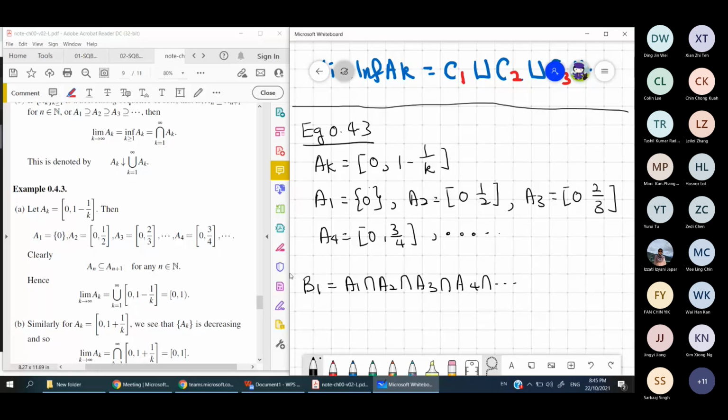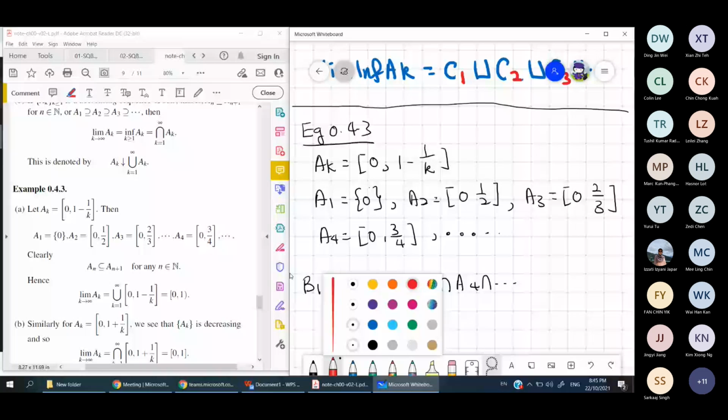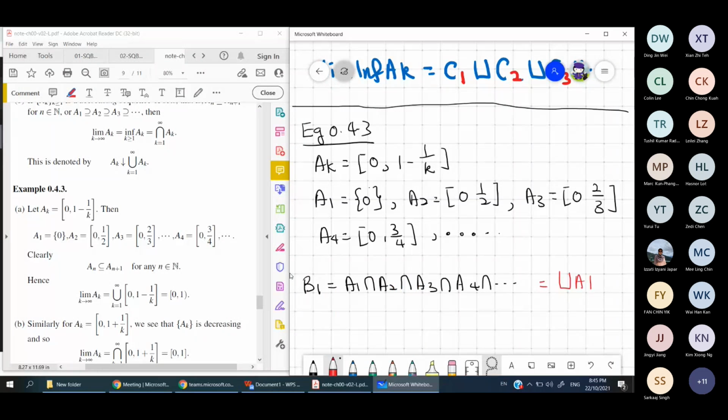So you can see eventually this will be equal to the union of all the AK, K running to infinity. That means you're just taking the union, using the method that we calculated. This is closer and closer to 1, but excluding 1. So you can see B1 is equal to 0 to 1.